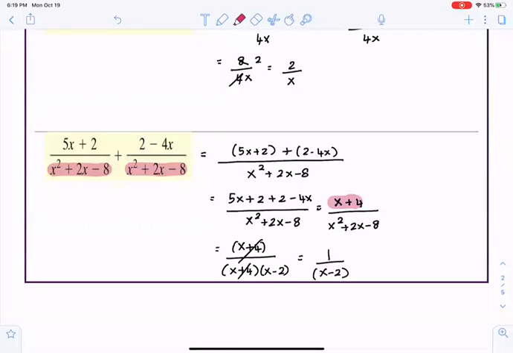So always ask the question, well, I have a lengthier polynomial in the denominator. I have a factor of x plus 4 in the numerator. Is it feasible for me to write the denominator polynomial in terms of x plus 4? And if it is feasible, then we can cancel out common factors and simplify the way I just did, which is 1 over x minus 2.